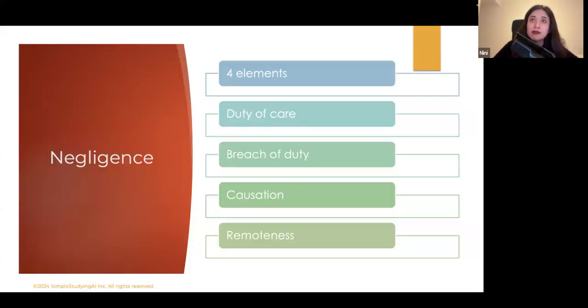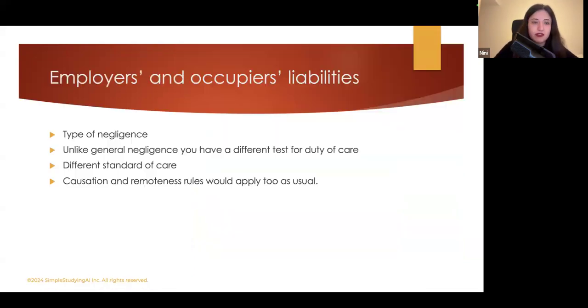Negligence. There are 4 elements: duty of care, breach of duty, causation, and remoteness. If you have a negligence problem question, make sure that you discuss all of these 4 elements. In this class, we're going to focus specifically on employers and occupiers liability, which is a type of negligence, but it's not the classic negligence scenario where you have to apply the Caparo-Robinson test.